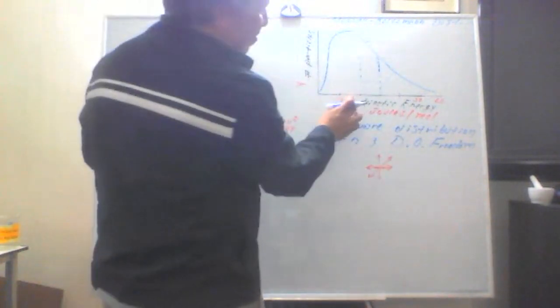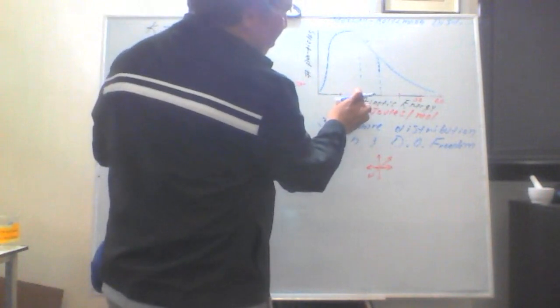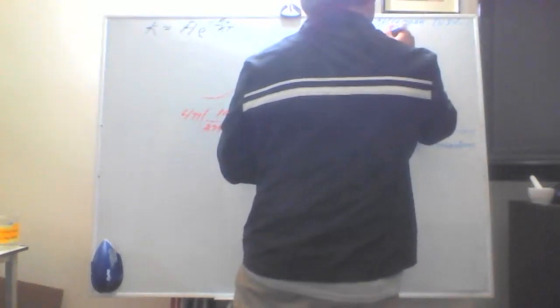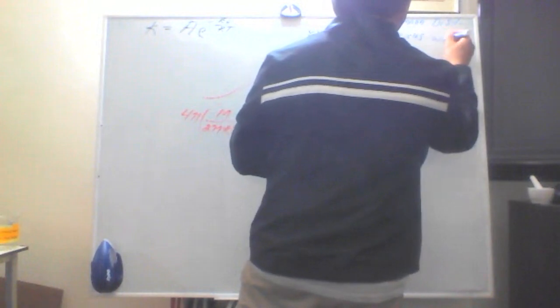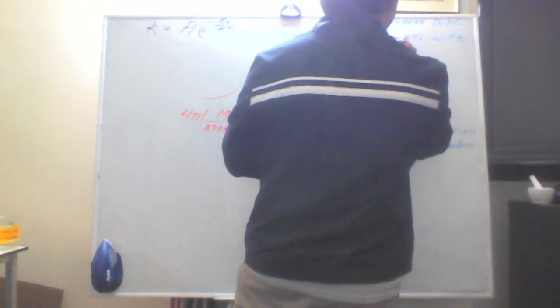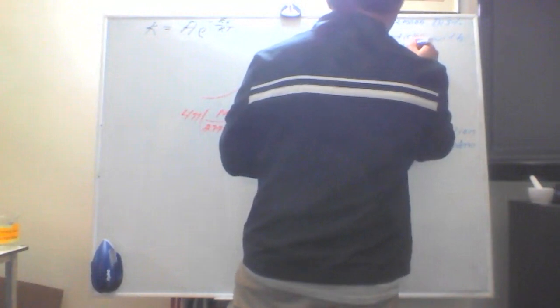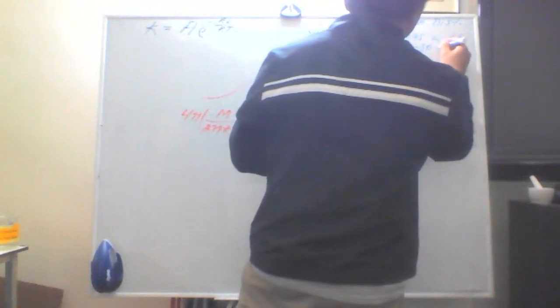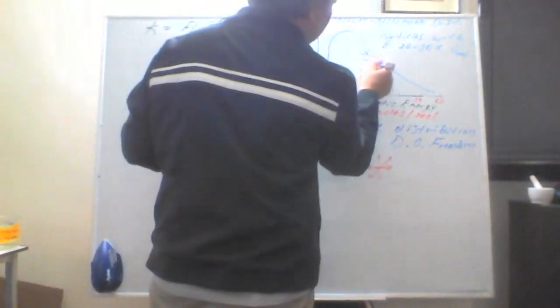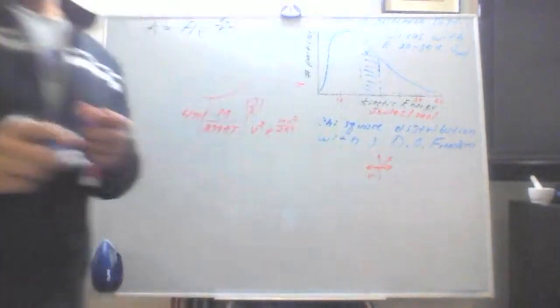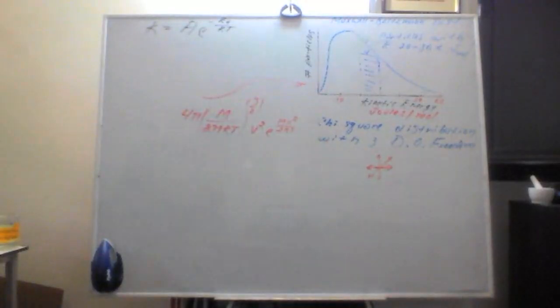So in here we will have 20,000 and 30,000. So this will be particles with energy between 20 and 30,000 joules per mole. That's what you will have if you were to take all the particles that are under the curve on that region.